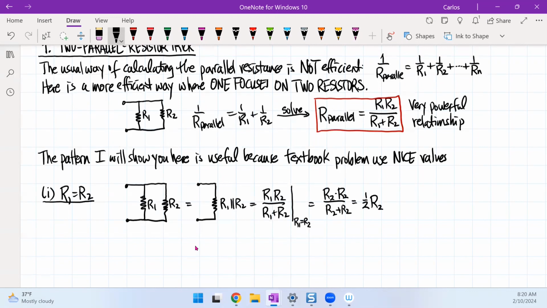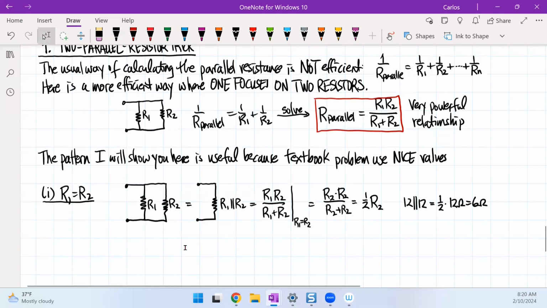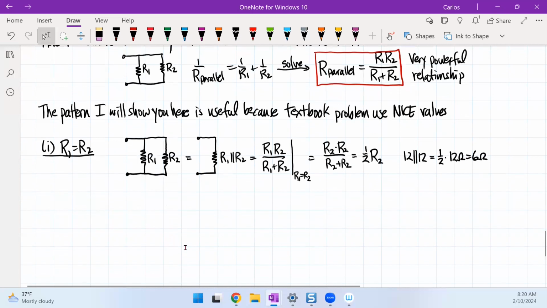For example, imagine that I have two resistors that are 12 ohms. I take the R2 value and multiply it by 1/2. So instantly I can say that this is a 6 ohm resistor. That's the pattern.